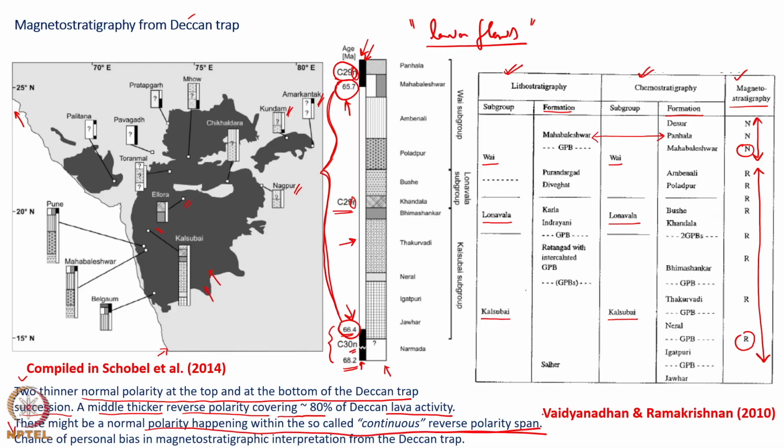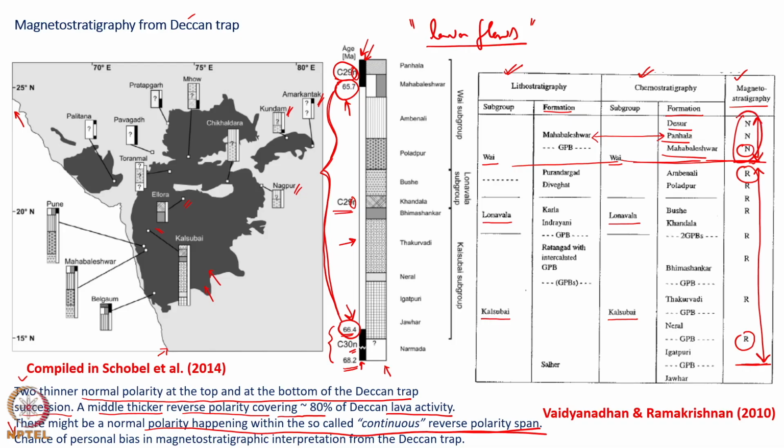What are the stratigraphic units marking the reverse polarity? Right from the start of the Deccan Trap in the bottommost time till almost the middle of the Wai is reverse polarity, and the Mahabaleshwar, the Panhala and the Desur formations belong to the normal polarity.